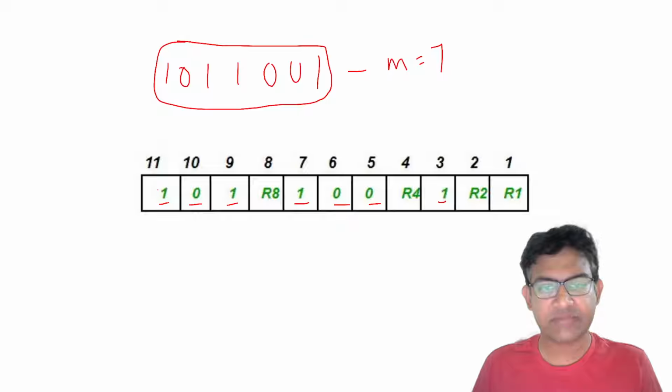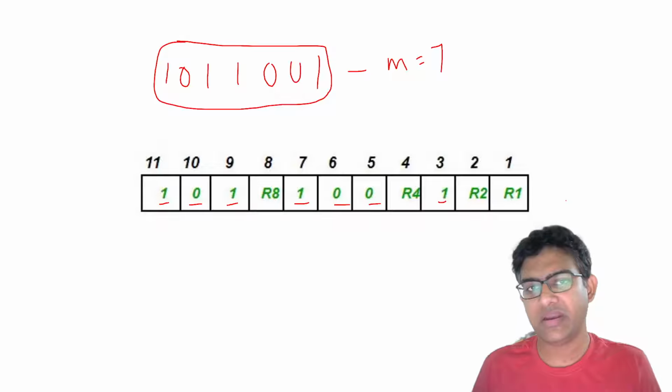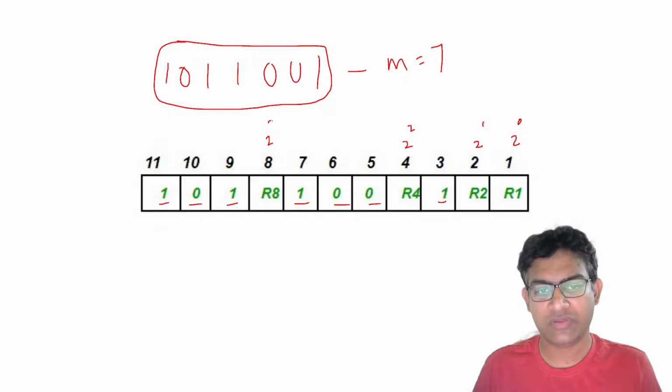You place the bits of the data word in such a way that you leave space for those redundant bits, which are going to take the positions which are powers of 2, right? So this is 2 to the power 0, this is 2 to the power 1, this is 2 to the power 2, and this is 2 to the power 3. You start the positioning not from 0 but from 1, okay?